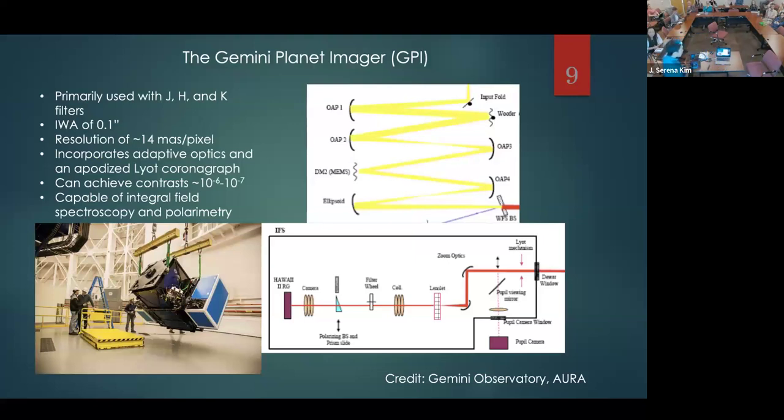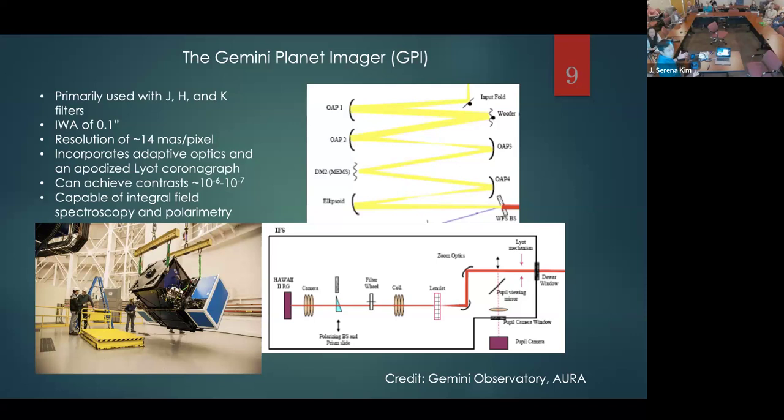Okay, and so a lot of the observations and analysis that I've done come from observations from this instrument called the Gemini Planet Imager. This was a near-infrared high contrast imaging instrument that was installed at Gemini South up until 2020. Some of the key characteristics are that it has a spatial resolution of about 14 milliarcseconds per pixel, and we can probe down to about 100 milliarcseconds in projected separation.